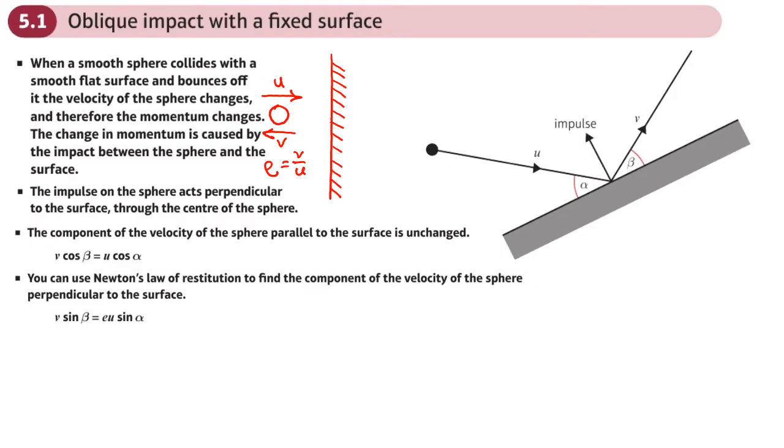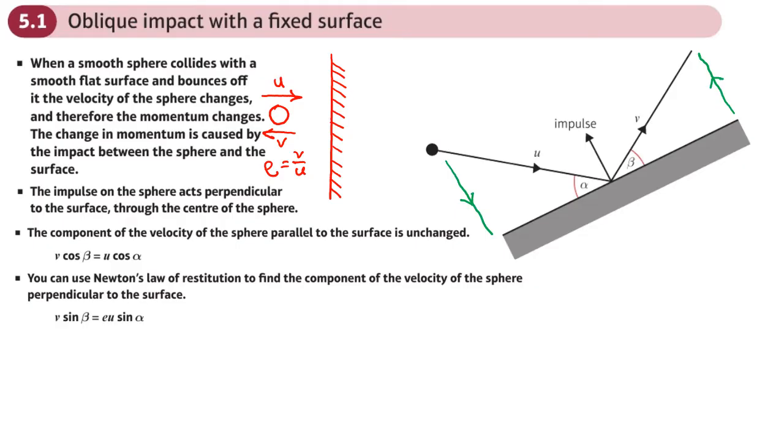Like anything in mechanics where we have things at an angle, we need to work out what the separate components are. So these green arrows here represent the components of the speeds which are perpendicular to the fixed surface.